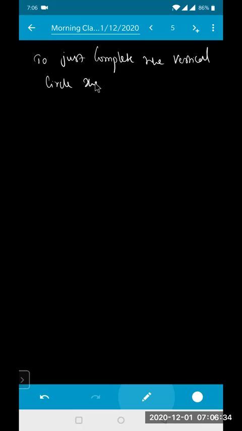To just complete the vertical circle, the condition is T minimum must be equal to 0. So what is the condition for a particle to make a complete vertical circular motion? Minimum tension must be equal to 0.